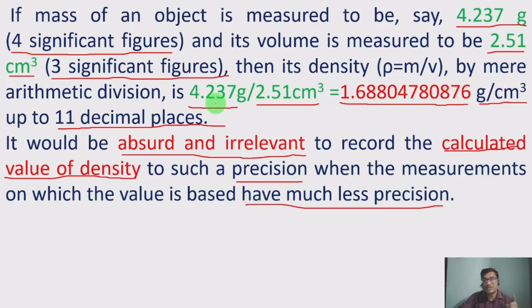The measured values, that is mass and volume, have much less precision than that.